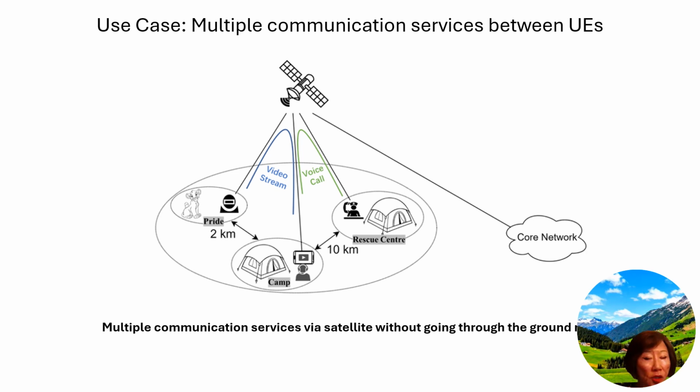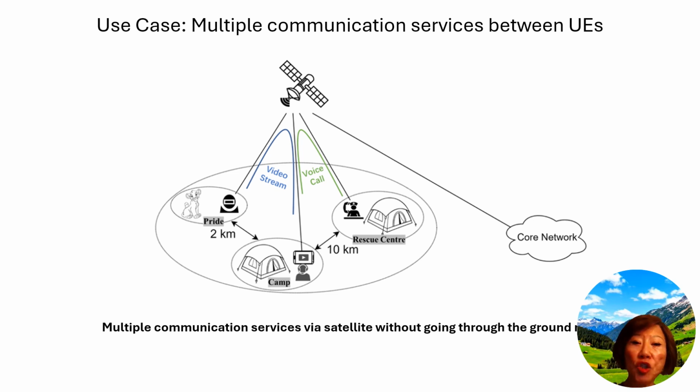The camp is shown to be 2 kilometers away from the Pride. The rescue center is 10 kilometers away from the camp, so we know the distances between these different entities. For communication services, we have 2 different kinds.